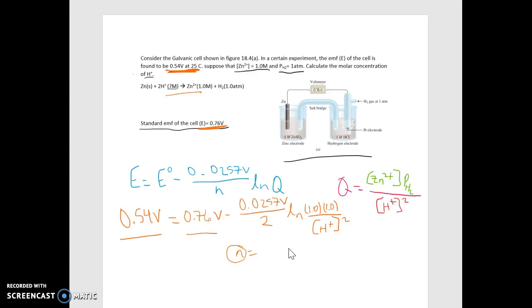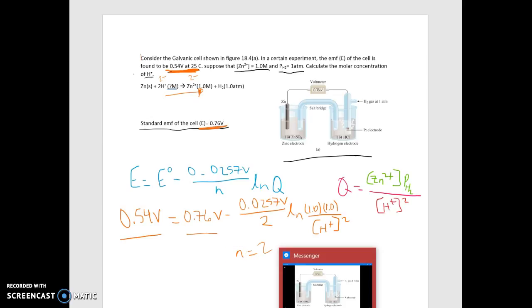Here we can see that we have 2 electrons being transferred, so that's where we have a 2 for the n.